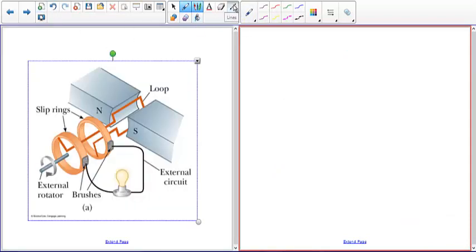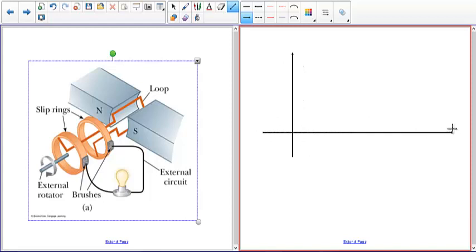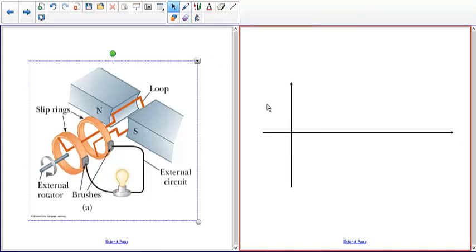if I were to draw a plot of voltage or current as a function of time through that light bulb, what I would see is this.